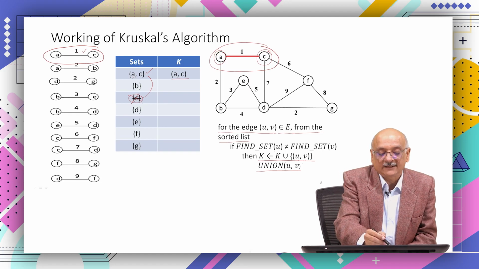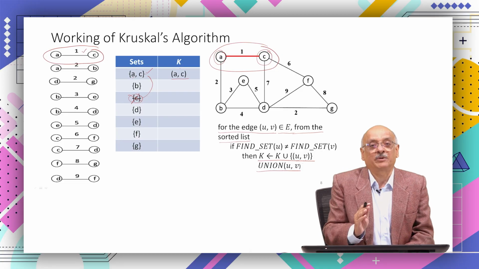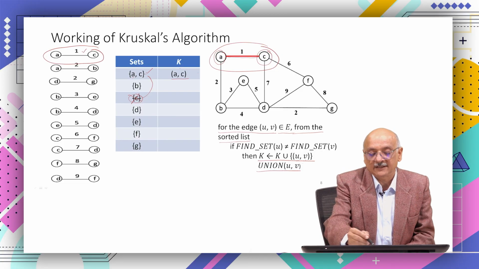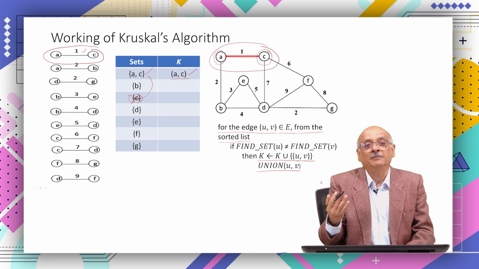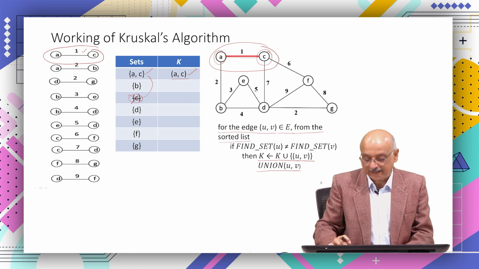So our sets now are AC, B, D, E, F, G. These are all separate sets. And this particular edge has become part of the minimum spanning tree. Alright, so this is the first step.